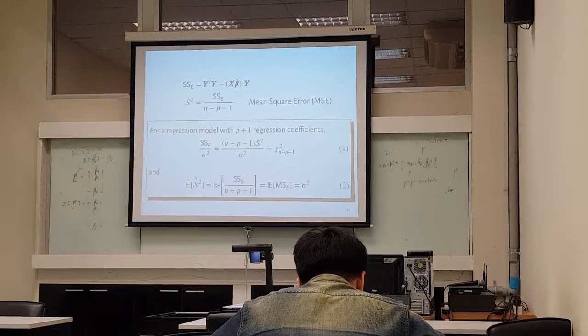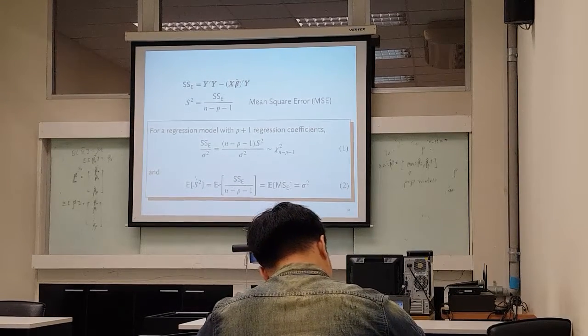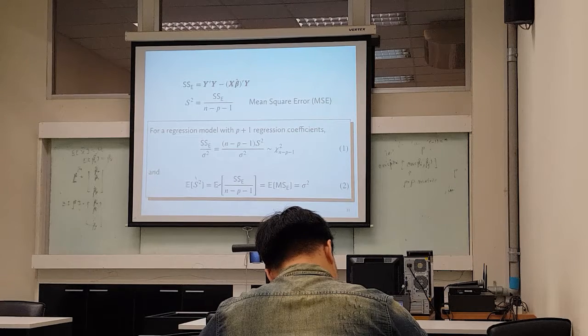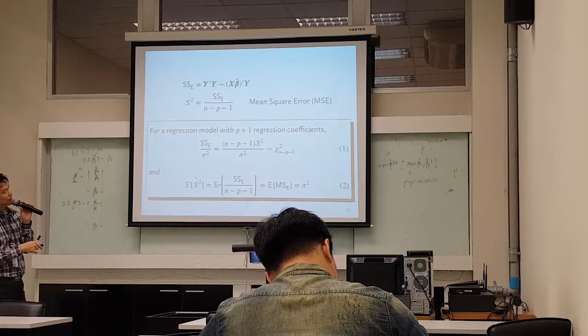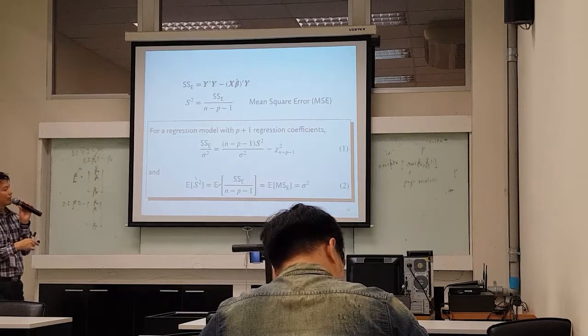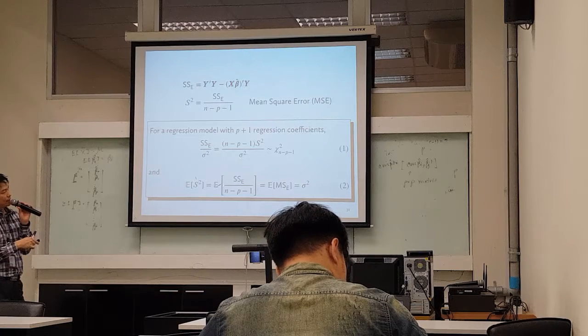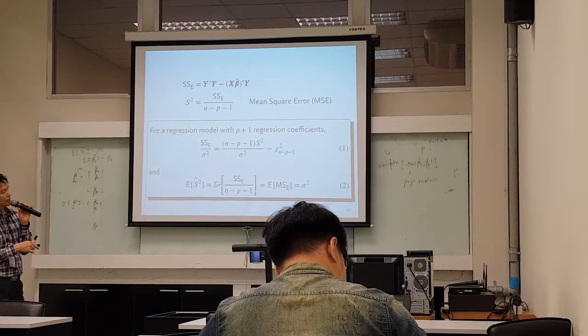And the second result is the expectation of the sum of square error divided by n minus p minus 1. This term is called the mean square error, MSE. The expectation of this term is equal to sigma squared.